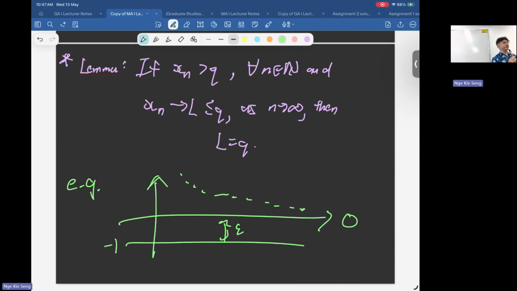So the only case is it must converge to something equal to Q. Does it make sense? Any questions? No. Okay. If you know that it converges to something less than or equal to 0, you cannot go to -1 because there is no term in between.